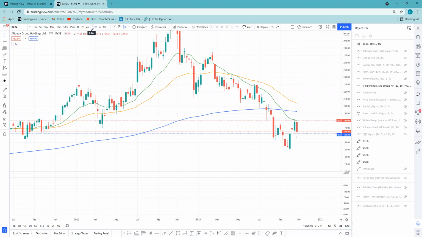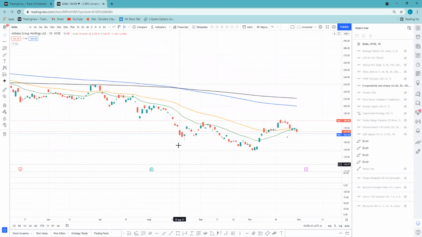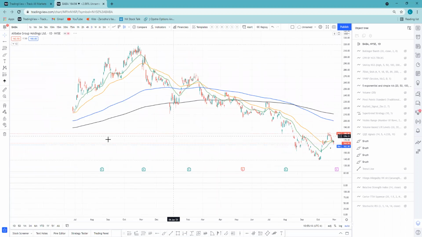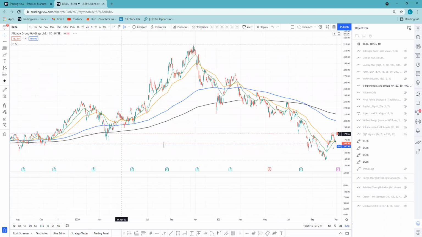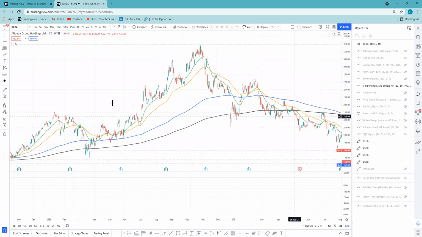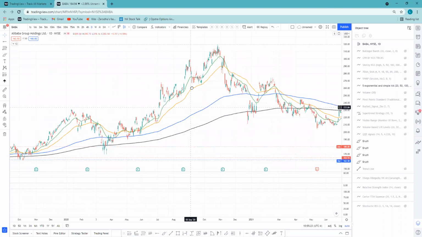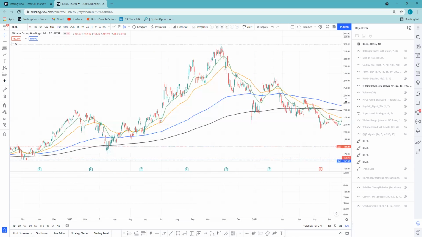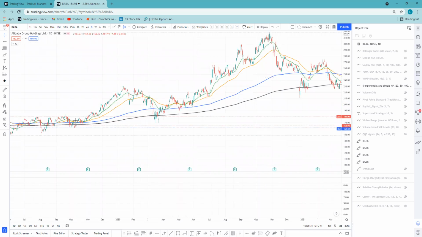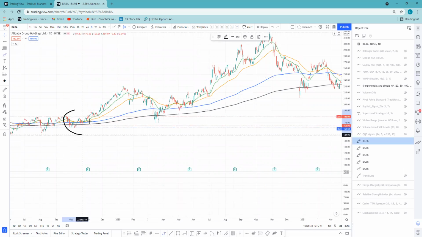So for an example, I'm going on a daily. See here, whenever this kind of structure happens, this is the best place to get entry in any stock.